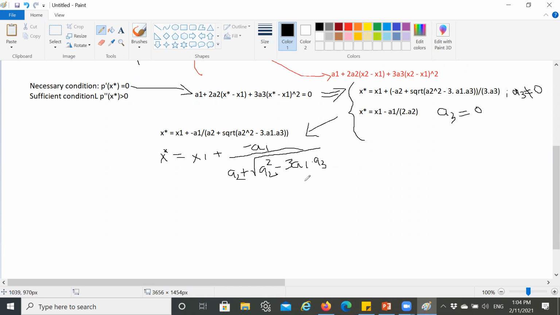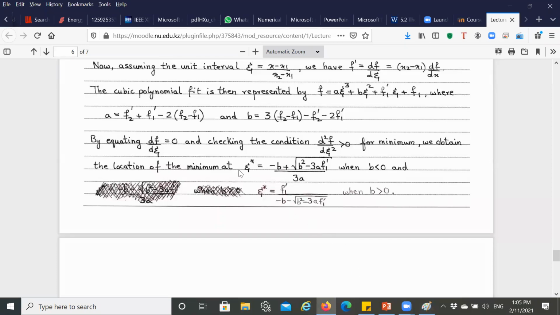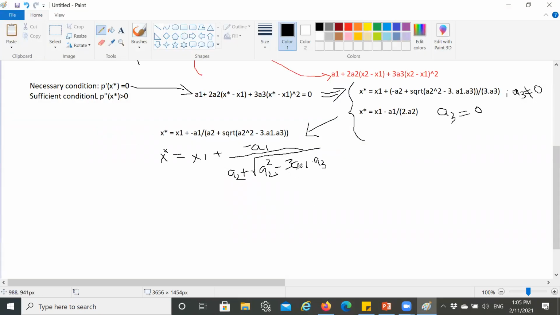So now even if A3 is equal to 0, this would give you this equation over here. Okay, so this is the overall equation. Now, if you go back to my lecture notes and just look at these two equations, these are the two solutions. If you plug in the values, you will see that this is exactly the same. So A over here is the same as A1.